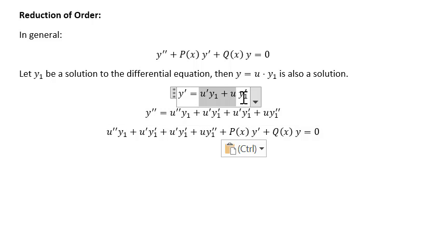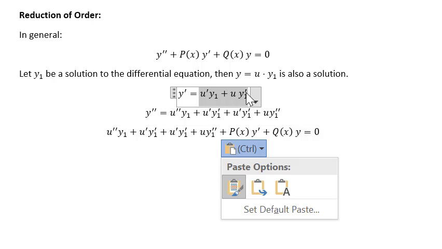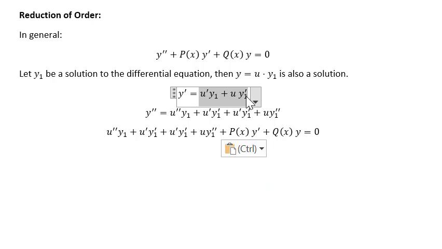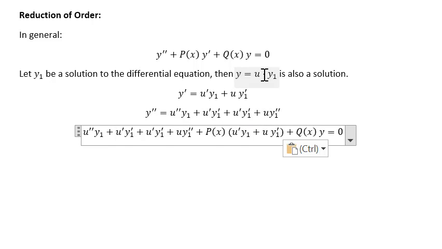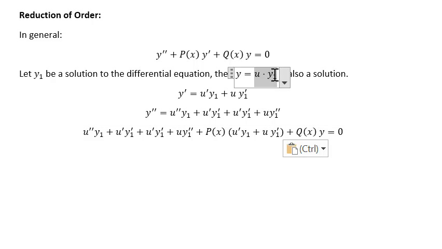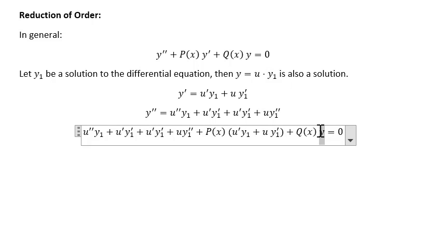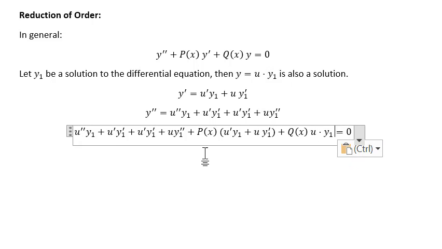Y prime can get replaced with all the stuff that we found for y prime. And then y is just u times y1.